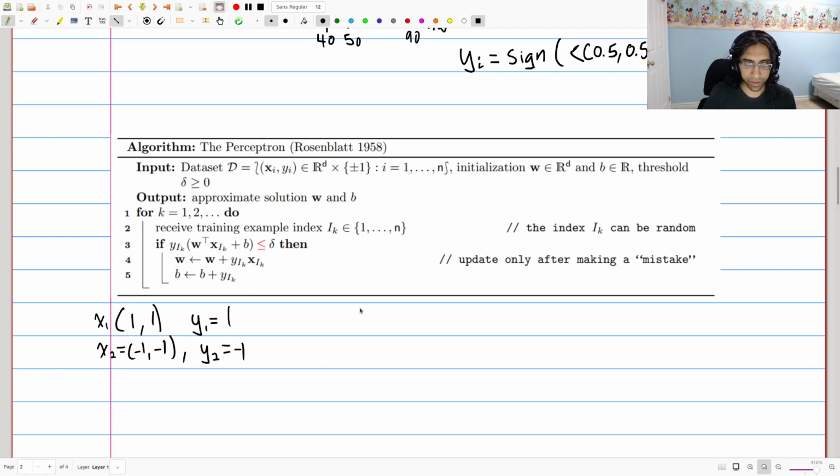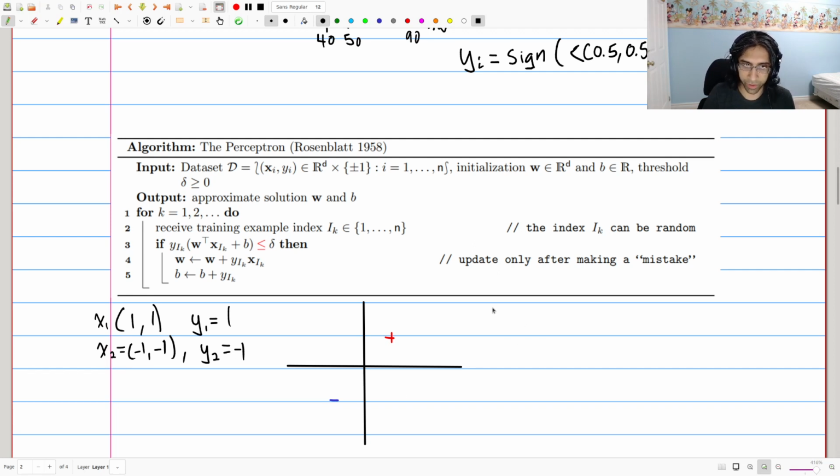Okay, so let's draw this. I think that'll be helpful. What that looks like is something like this. We have this and this. Let's run one round of the perceptron algorithm, where we first process this point, and then process this point if necessary.